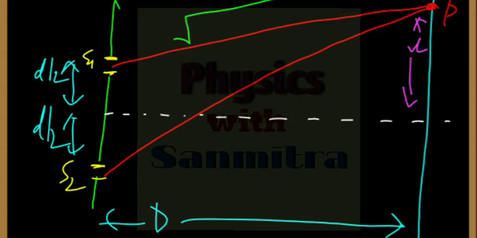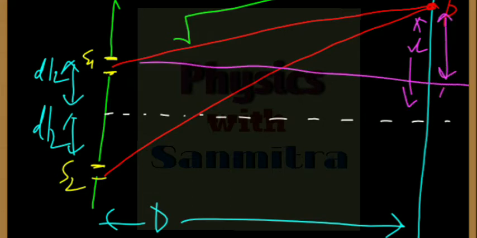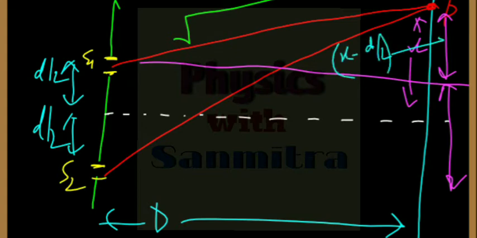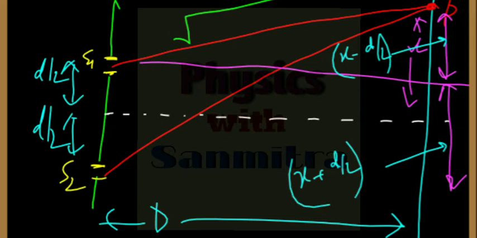So this is this part, and this part I can write as x minus d by 2, and this I can write as x plus d by 2. This is x minus d by 2 and this is x plus d by 2. Now what is S1P?